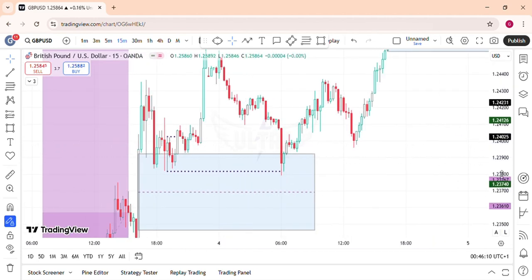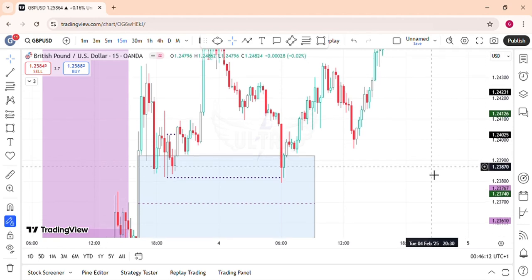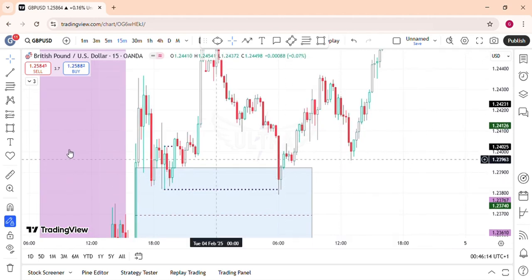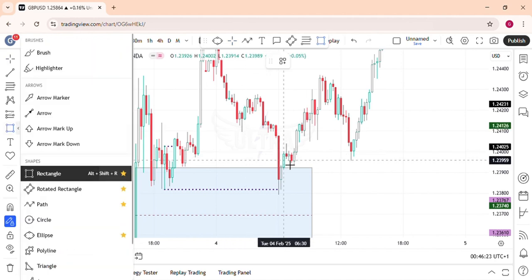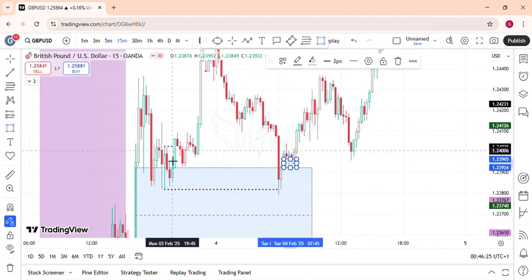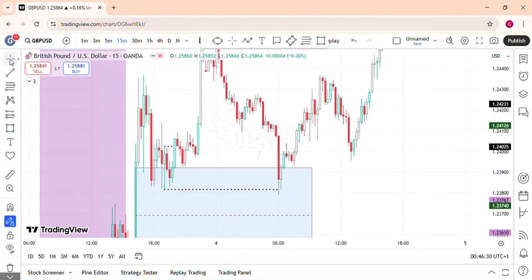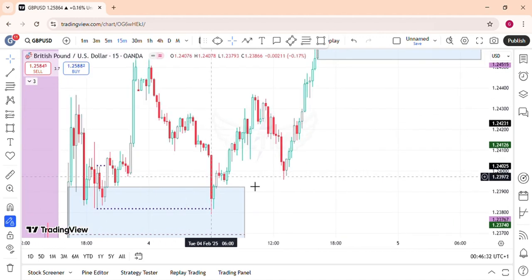After market taps into a fair value gap, what you need to look for is your break of market structure. If you had failed to use your break of market structure, you would have entered here, but that is not a good spot. You still have to wait and be patient for market to tap into a fair value gap.